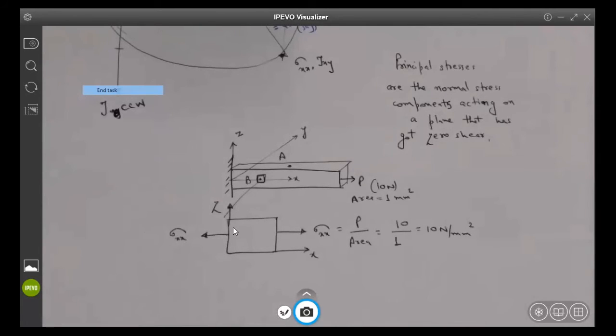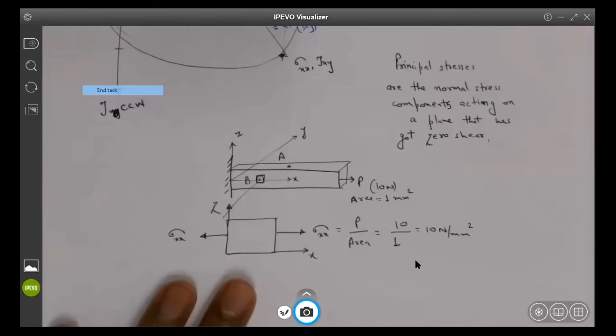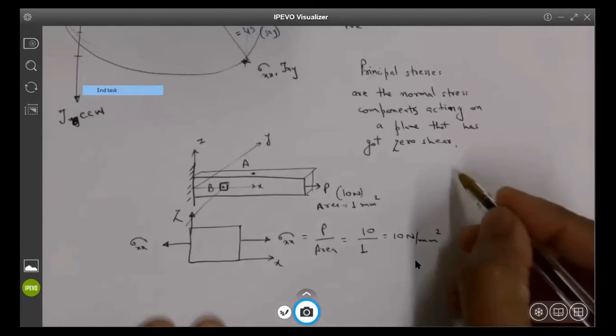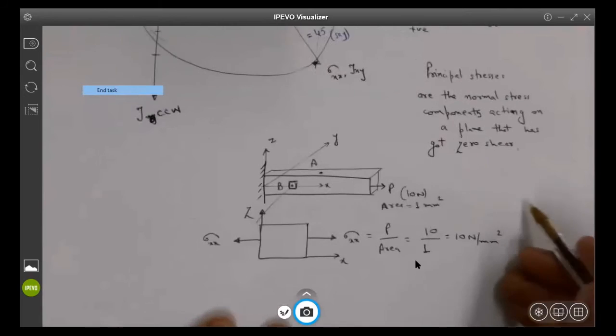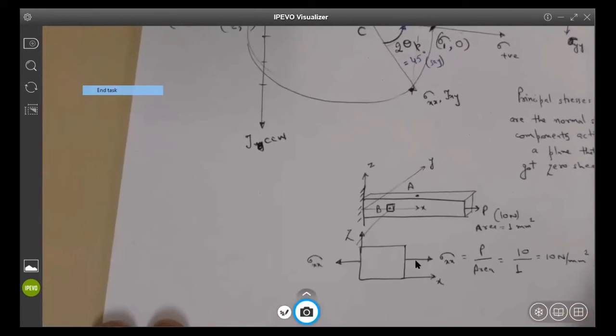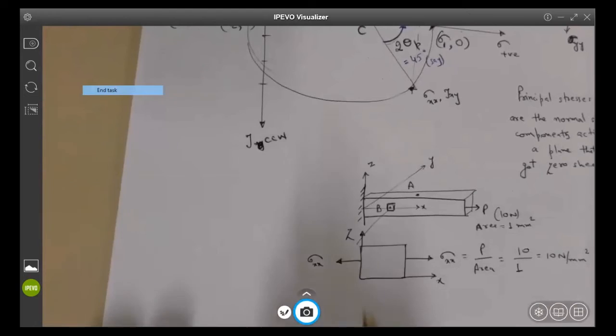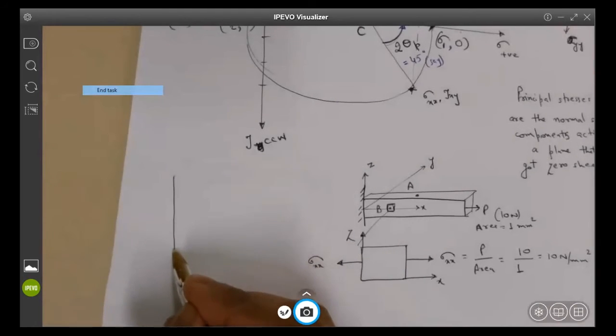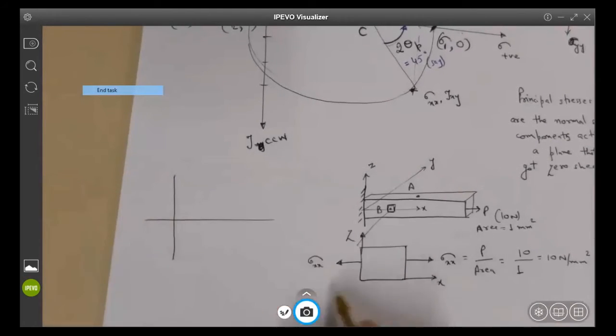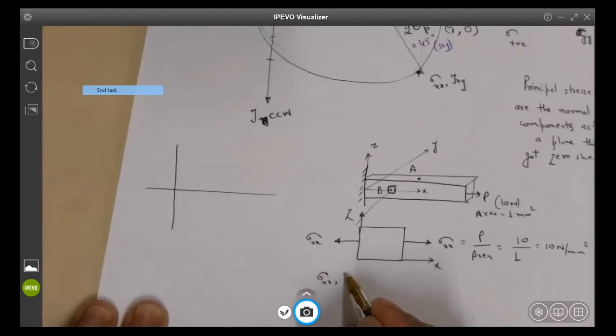Okay, guys. So you're done with this Mohr circle. Let's do it together. What are the two coordinates that you will get? I got 0, 0 and 10, 0. The two coordinates depend on sigma xx and tau xy.